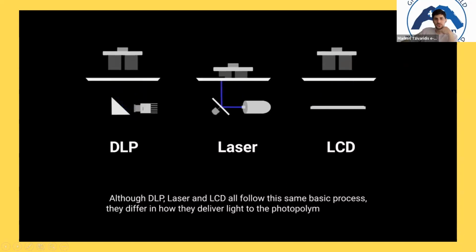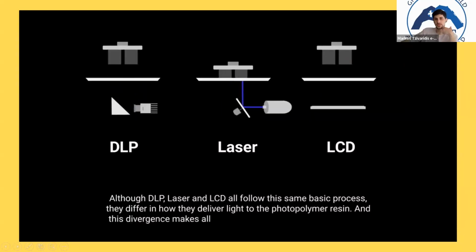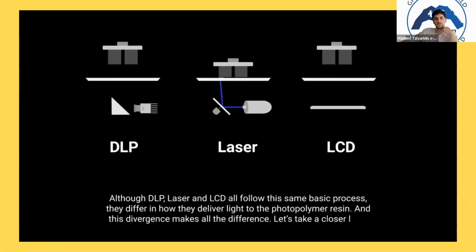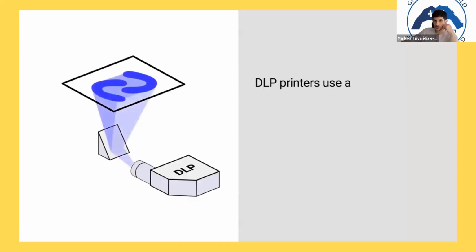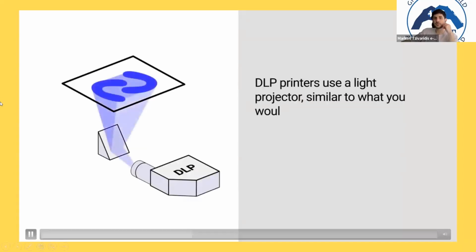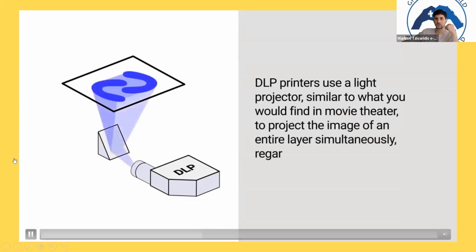So we'll go through this video with you. So let's go through it together. These are the three technologies, as you can see. As you can see, the DLP printer uses the projector, as we said, the whole layer simultaneously.